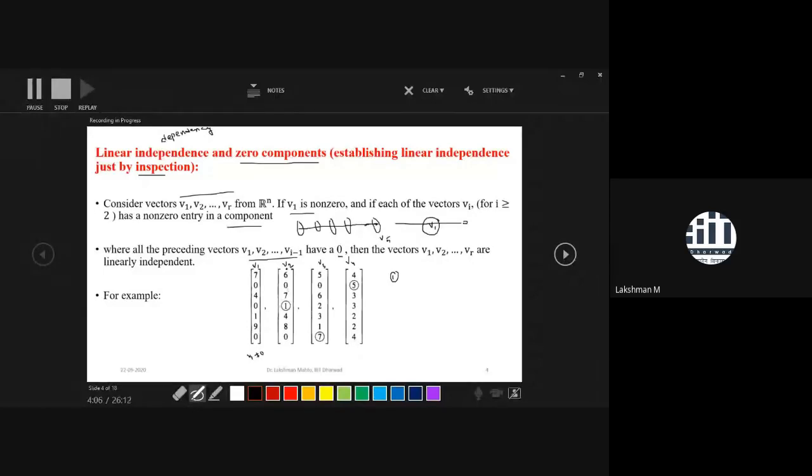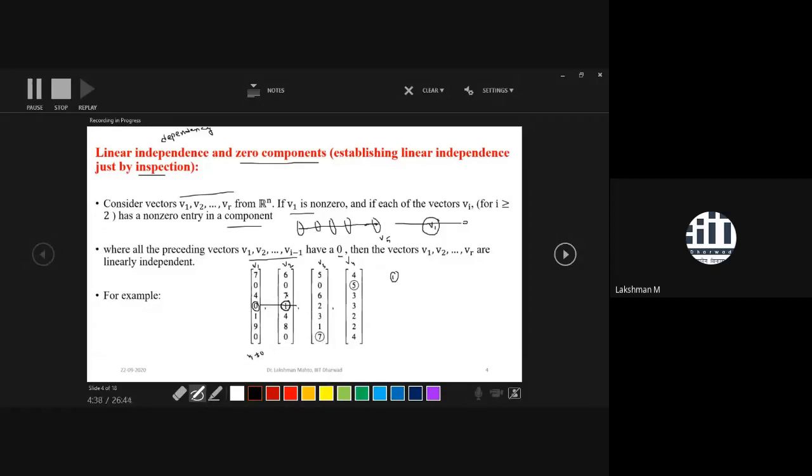In v2 we observe an element that is non-zero, it is 1, but in the same row, if you proceed further, you observe zero in v1.